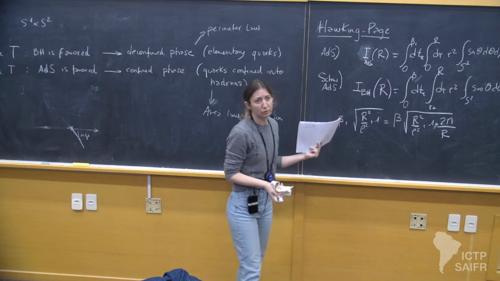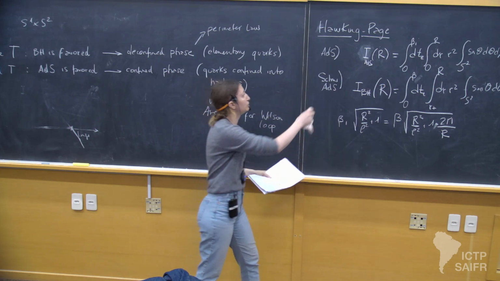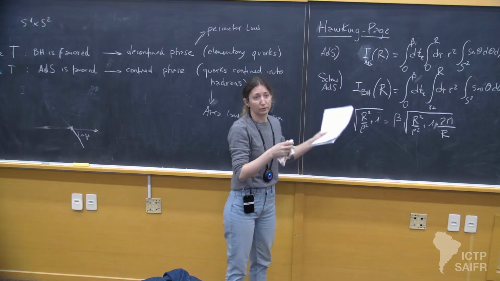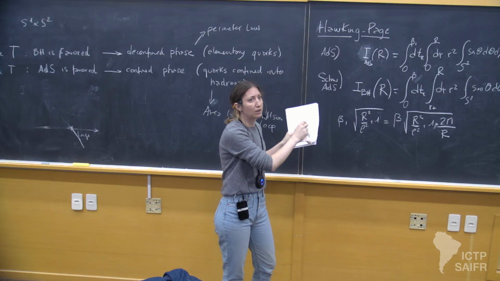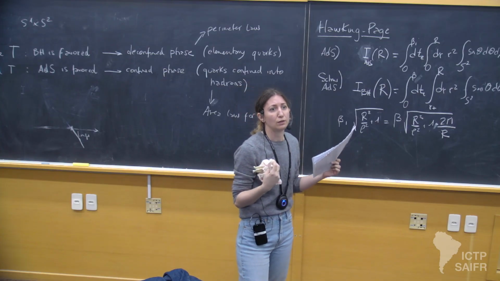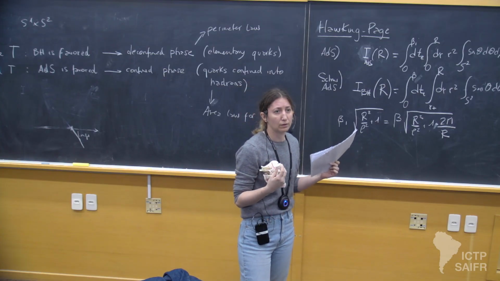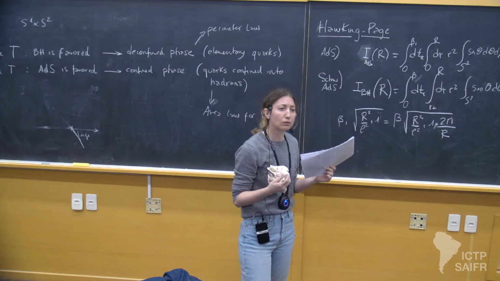Yesterday we did the Reissner-Nordström at fixed charge, right? If you do the same procedure that I did here, with the appropriate boundary counterterms that fix the charge and so on, you get the picture that I showed you yesterday. Thermalized AdS with temperature and a chemical potential.